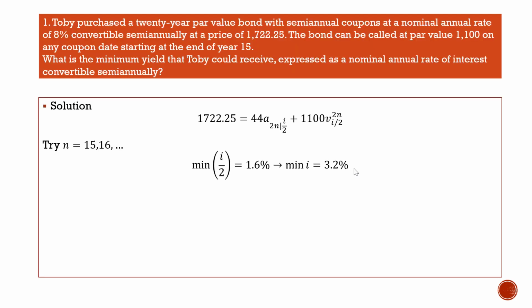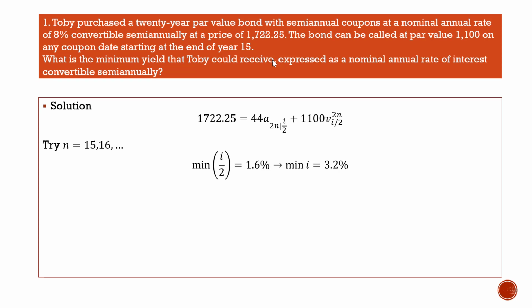Another way to look at this is you can see that the price here is greater than the redeemable value. 1100 is less than the price. So that means this is a premium. For premium, the earliest is the worst, and usually we expect to have high yield rate.